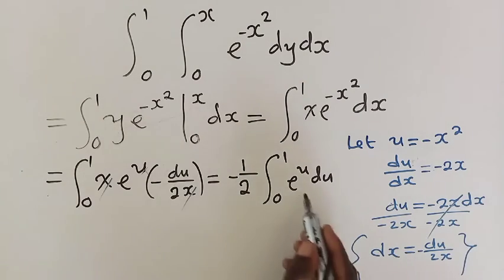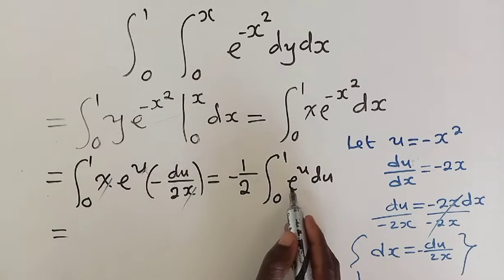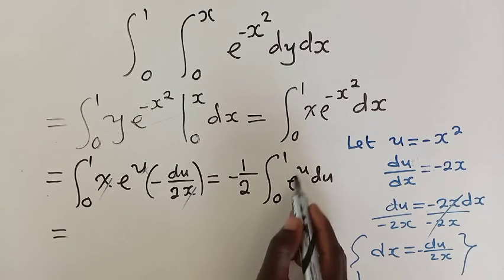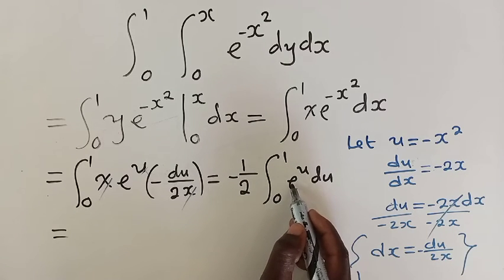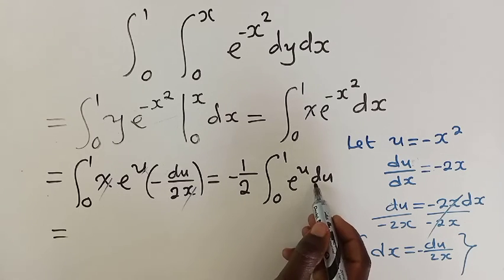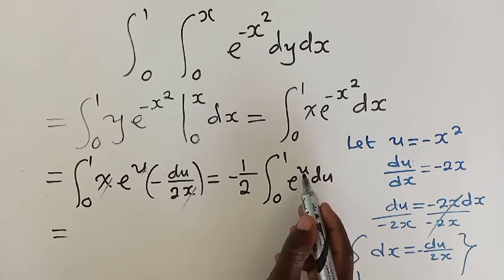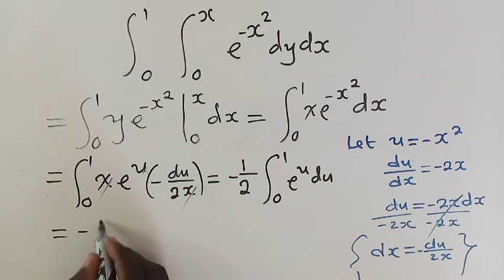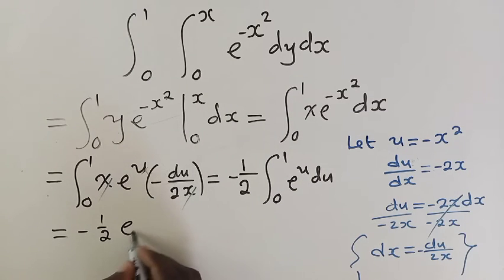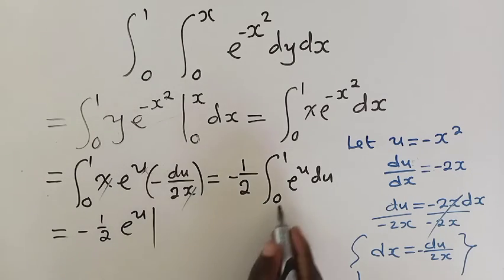Now at this point, we can now integrate e power u. The integral of e power u du is just the same stuff you're able to see. So it will look like this, e power u, and the limits from 0 to 1.